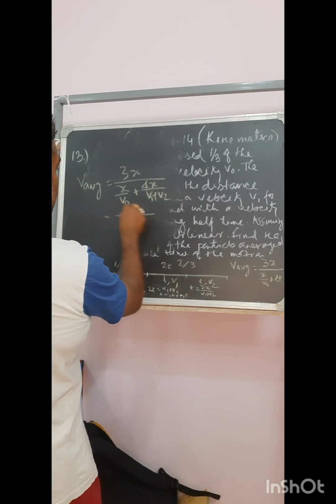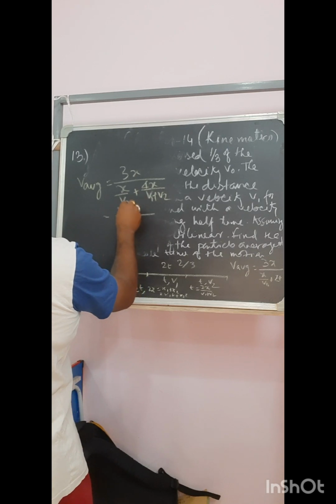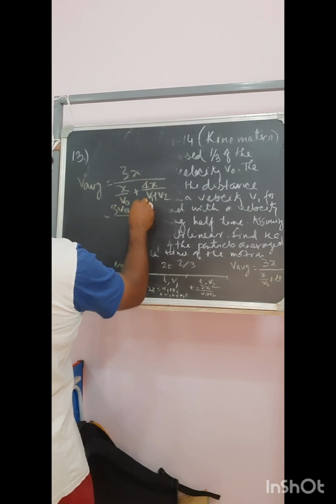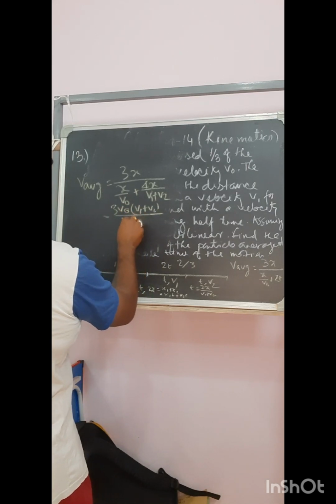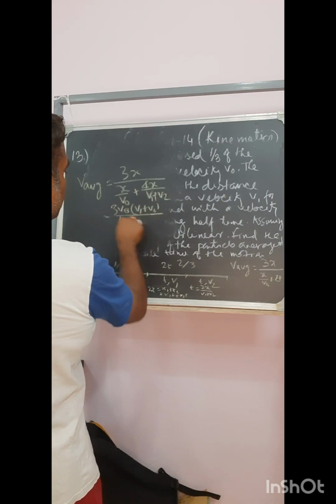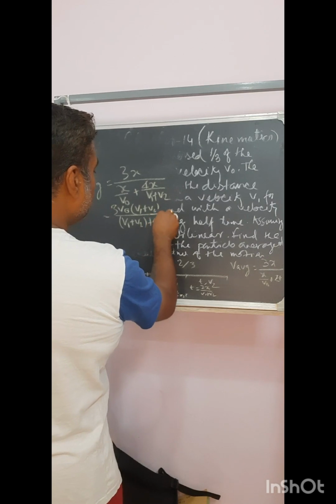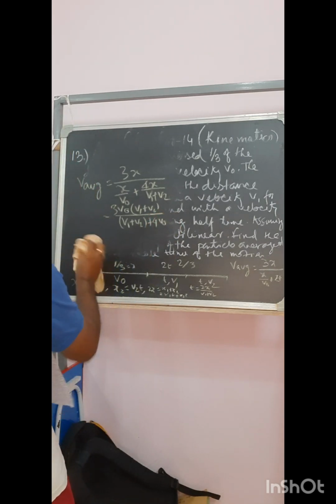Calculating it, v average is 3 v0 (v1 plus v2) over (v1 plus v2) plus 4 v0. That will be the answer.